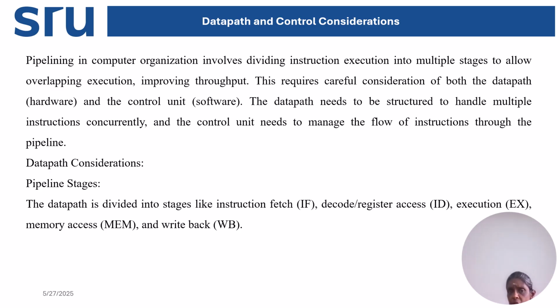Pipelining in computer organization involves dividing instruction execution, as we already know, into multiple stages to allow overlapping execution, improving throughput. This requires careful consideration of both the data path and the control unit. Data path means hardware, because of the buses through which the data is flowing. Control means, suppose in the program we have an if-else condition or branch condition.